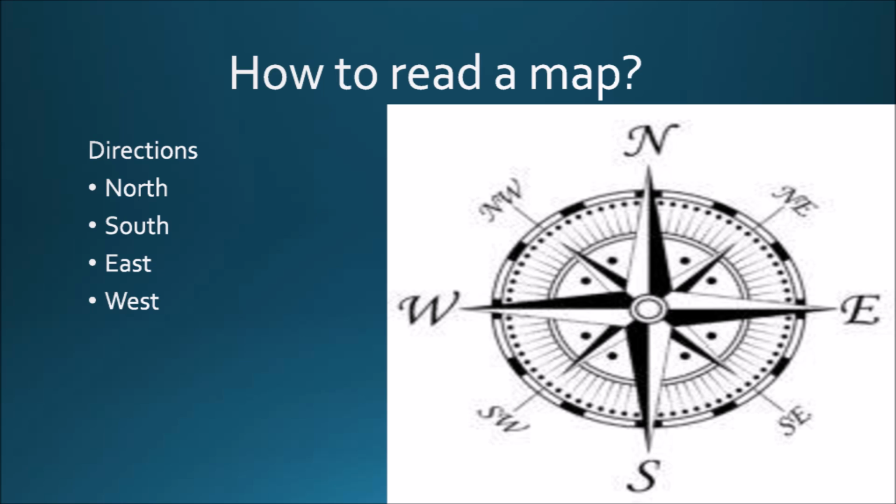There are 4 major directions: north, south, east and west. On any map, towards the top it shows north, towards the bottom it shows south, towards our right side it always shows east, and towards our left side it always shows west.